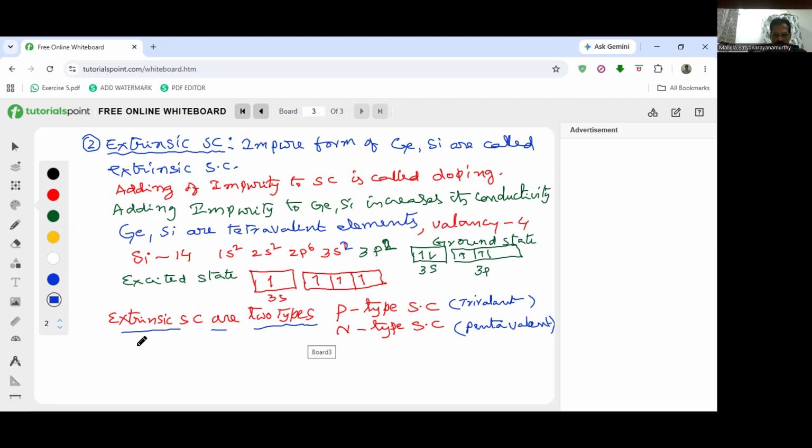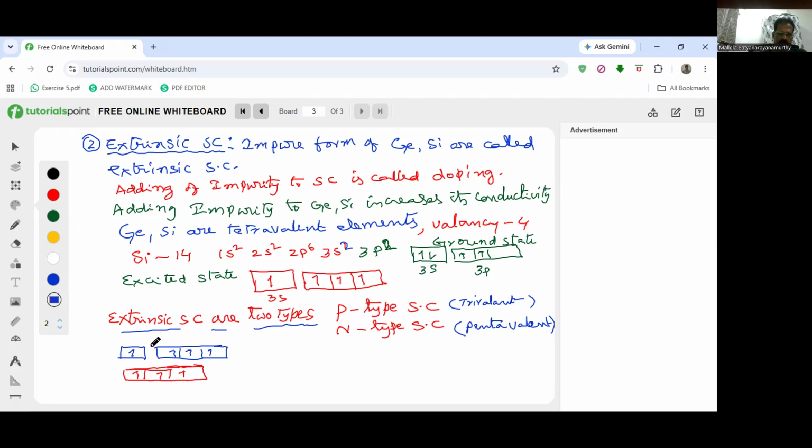That means, see here, this is the 4 valency of germanium or silicon. If I dope this 4 valency element with a trivalent element like this, see here, this is the trivalent.